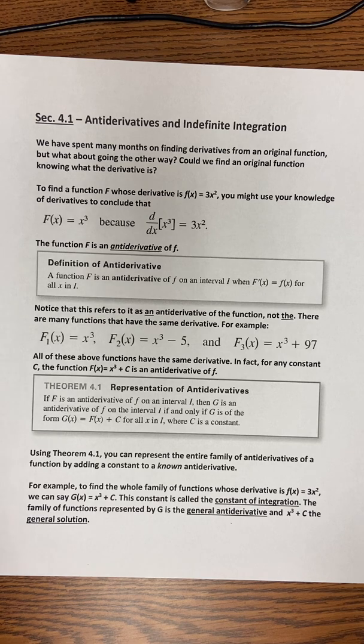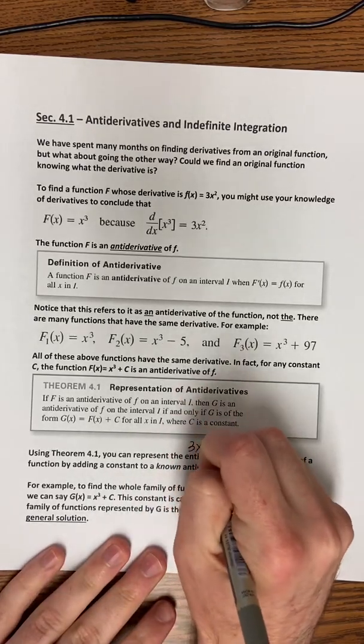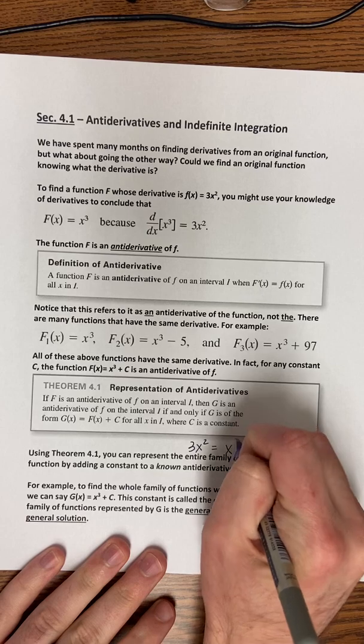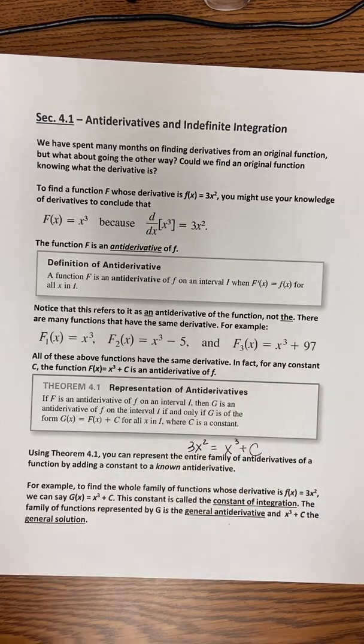Basically, they're saying if you have multiple antiderivatives of a function f, they can only differ by a constant value added or subtracted. So when we're trying to find the antiderivatives of a function, for example of 3x squared, we will say it's x cubed plus C because we don't really know what constant was there.